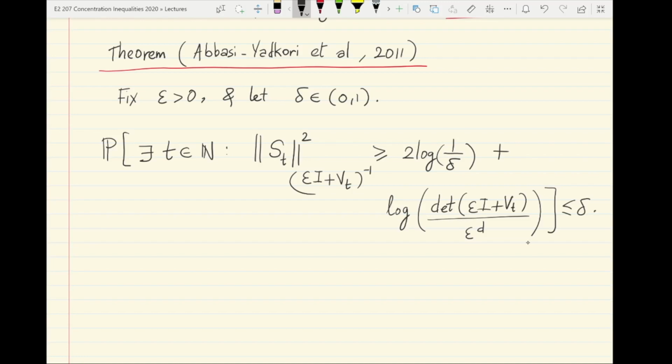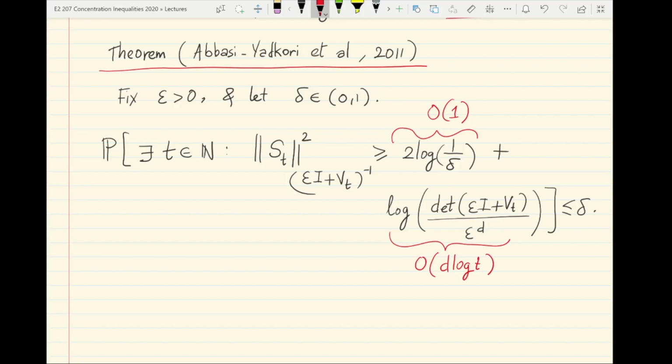Okay, so this is what it says: the probability that at any time the self normalized quantity St inverse weighted by Vt square exceeds this particular number is bounded. To get a sense of the scale of this number, if delta is fixed, this is basically an order 1 quantity, and you can show that this is roughly an order d log t quantity.